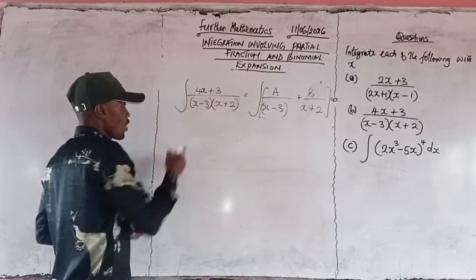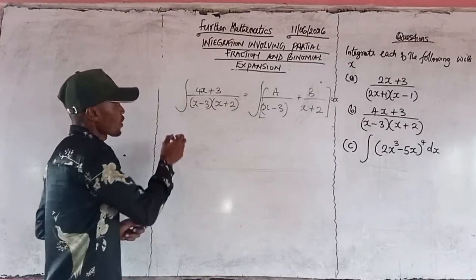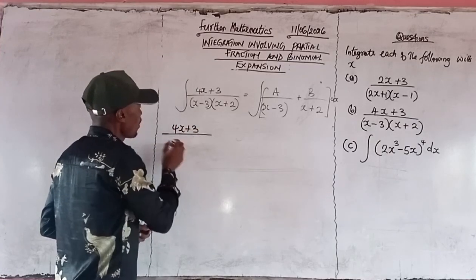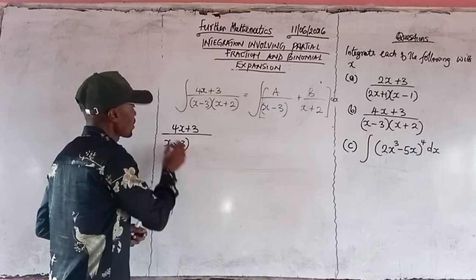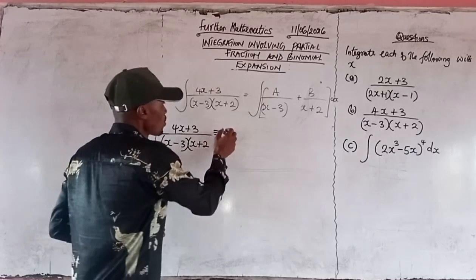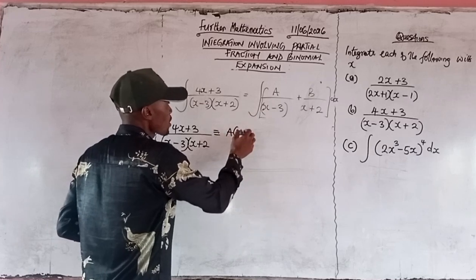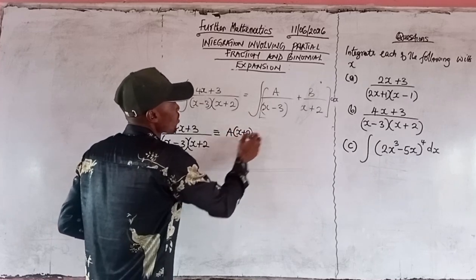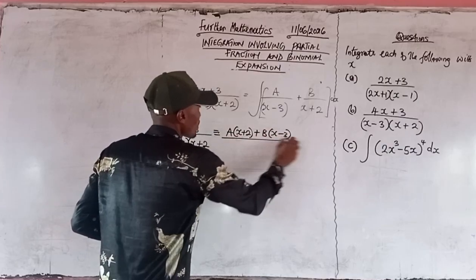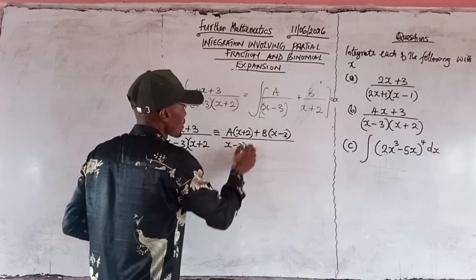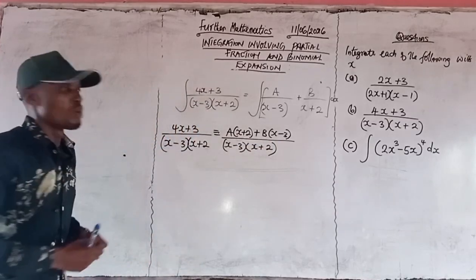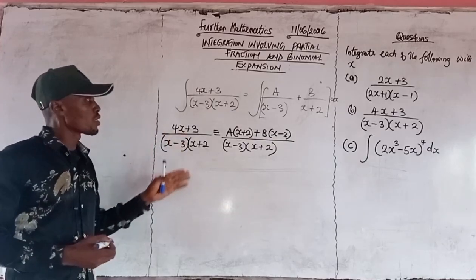So resolving into partial fractions, we have that 4x plus 3 over x minus 3 times x plus 2 is equivalent to a open bracket x plus 2 plus b open bracket x minus 3 all over x minus 3 times x plus 2. So we are going to use the method of comparing coefficients this time.